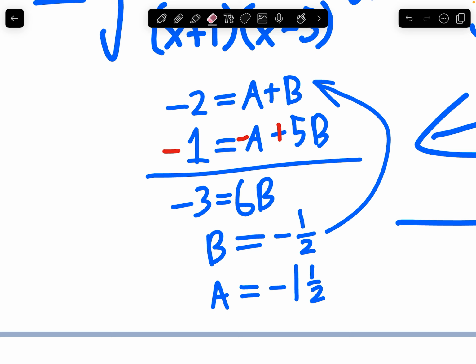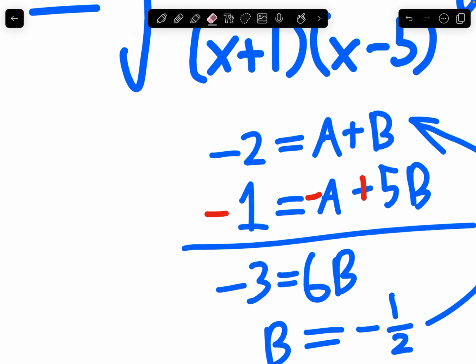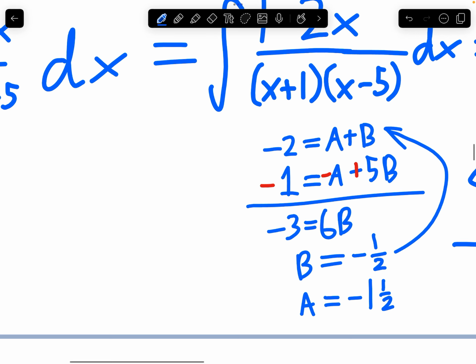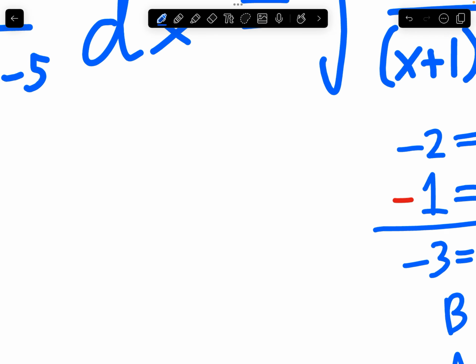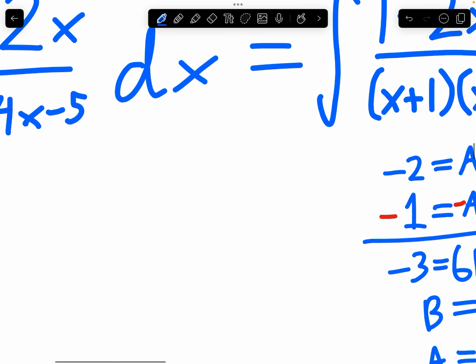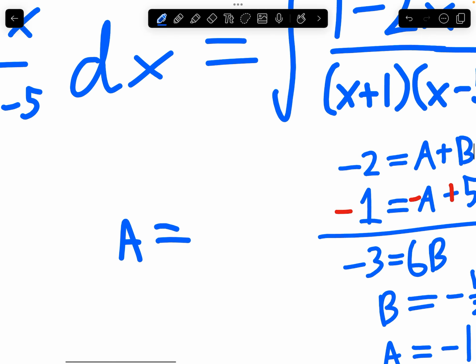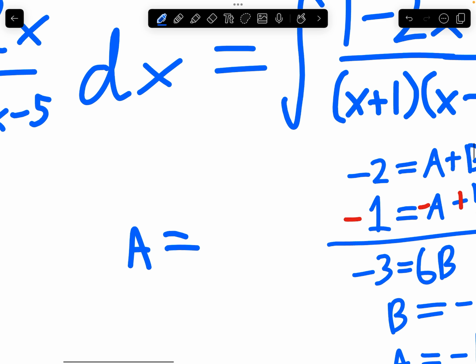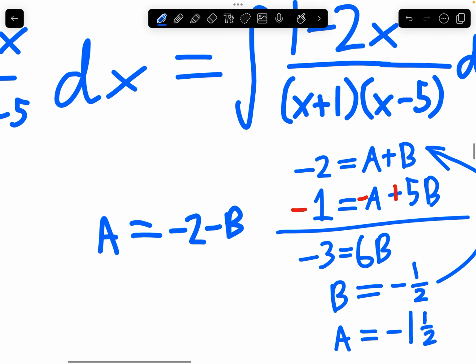What I end up doing is I move A to one side of the equation, move the constant to the other side where it's by B for one of these equations, and I basically take that equation and put it inside of A. So for example here, another way I could do this is I could add 2 to one side and A to the other. So in this case, I would get something like A is equal to negative 2 minus B, if I'm correct.